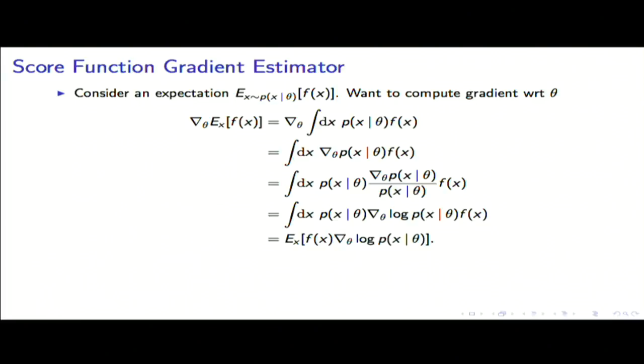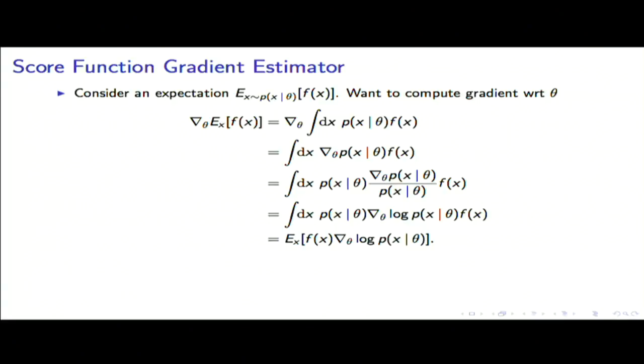Actually, I think when p is a continuous function of theta. And then we just multiply and divide by this probability density p. Then we apply the chain rule here, noticing the fact that grad sub theta of log probability is just grad probability over probability. And then finally, we get this expression at the bottom.